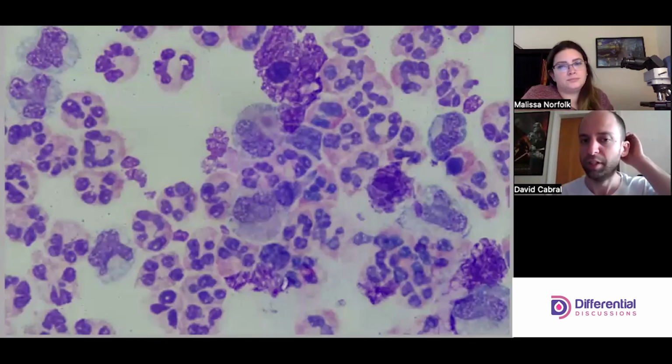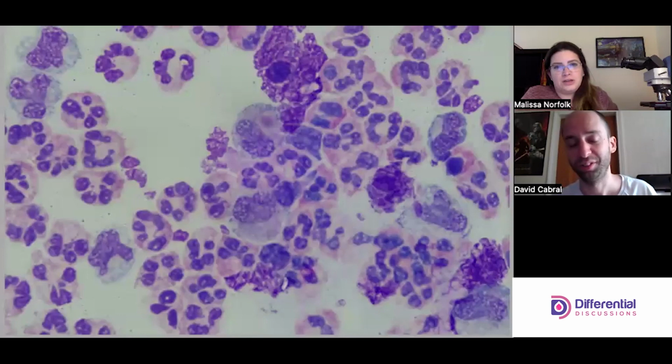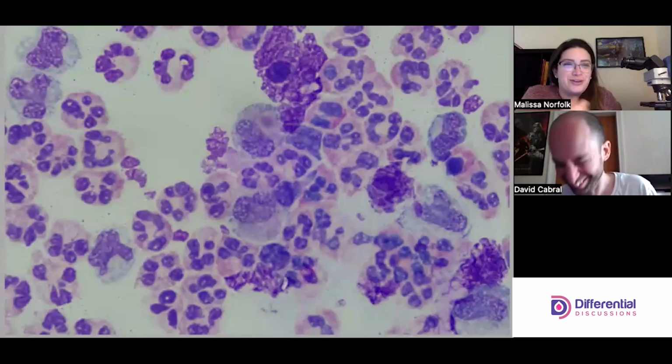So truthfully, for an eosinophil, you really should look for the granules themselves, right, Melissa? Because color is going to fail you sometimes. I think we emphasize that when we talk about peripheral blood smears, but especially in the beginning, people will just look for the color.